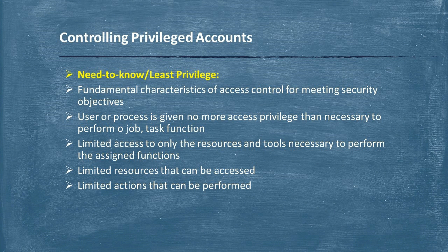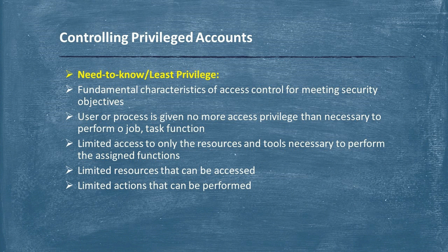First and foremost is the need to know or least privilege principle. This is a fundamental characteristic of access control for meeting security objectives. A user or a process is given no more access privilege than necessary to perform the job, task, or function.